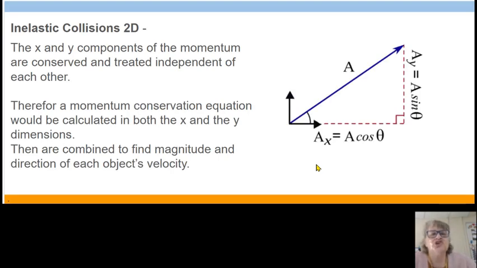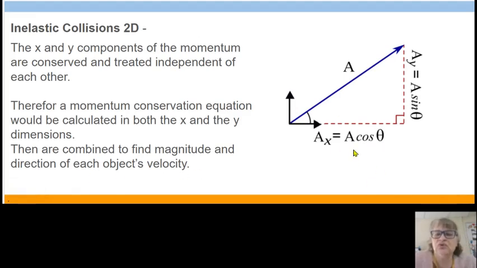Okay, just like in elastic collisions, you still have to think about the x and the y components of the momentum, and they are conserved and they are treated independently of each other. Therefore, a momentum conservation equation would be calculated in both the x and the y dimensions, and then be combined to find the magnitude and direction of each object, right?